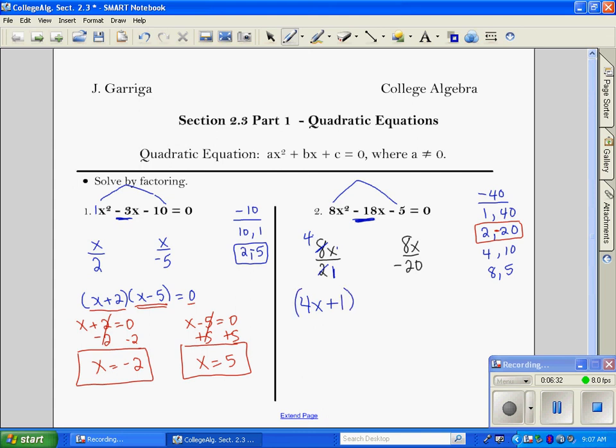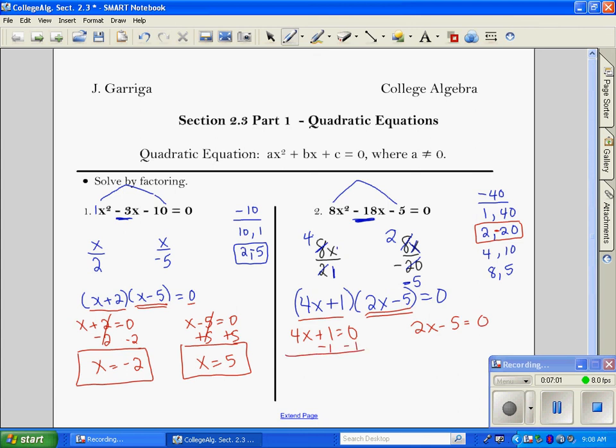Over here, I divide by 4 and I get negative 5. Divide by 4 and I get 2. So what I have left over is 2x, and then I have minus 5. Bring down equals 0. So now we're ready to set this one equal to 0 to solve, and then we're ready to set this one equal to 0 and solve.